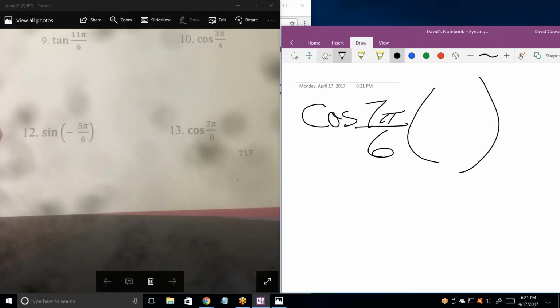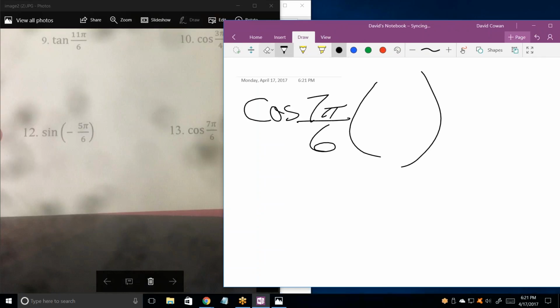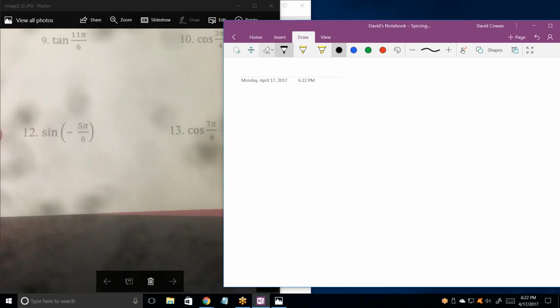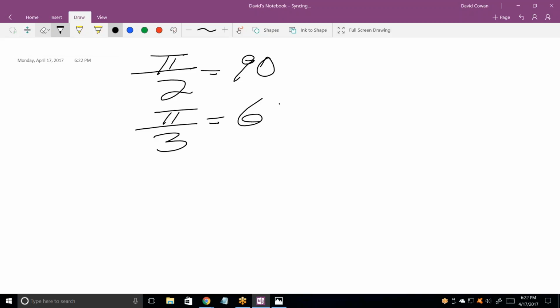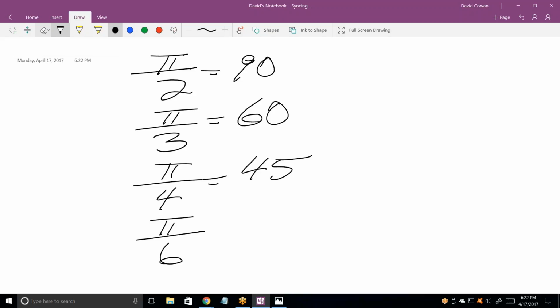Let's talk about this. You don't need much help here, but this might help you. Notice what is in common with all of these things.